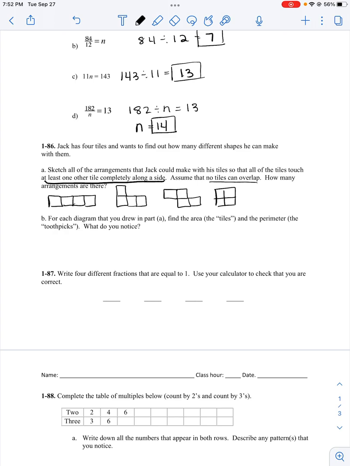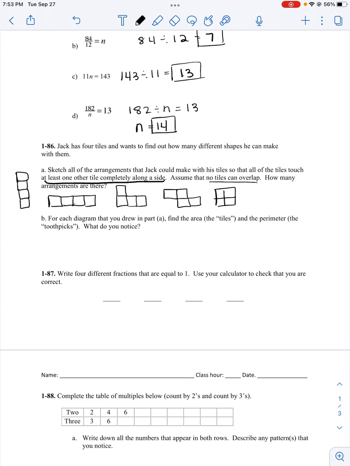There's 4 there. I think that's all of them. I could flip them in any direction. Okay, so like this first one could be drawn going up and down, but it's really the same shape, just turned.